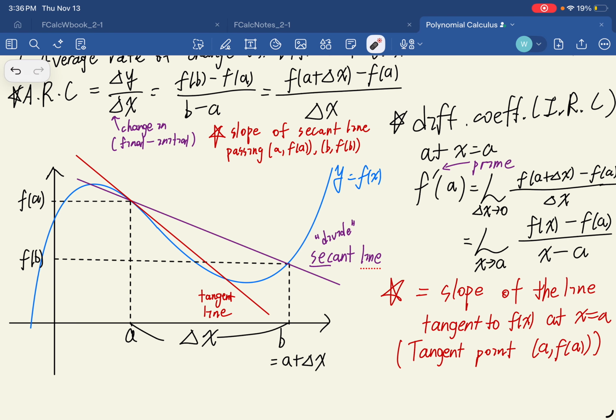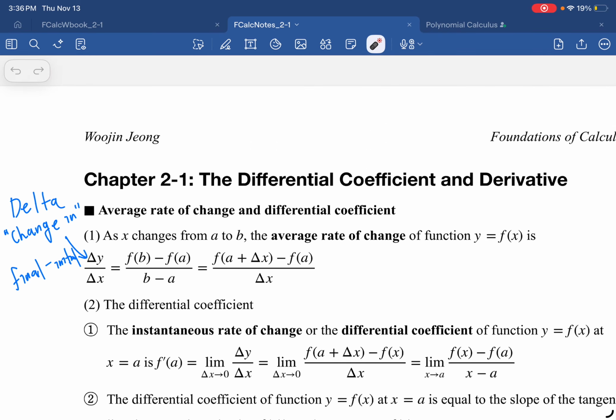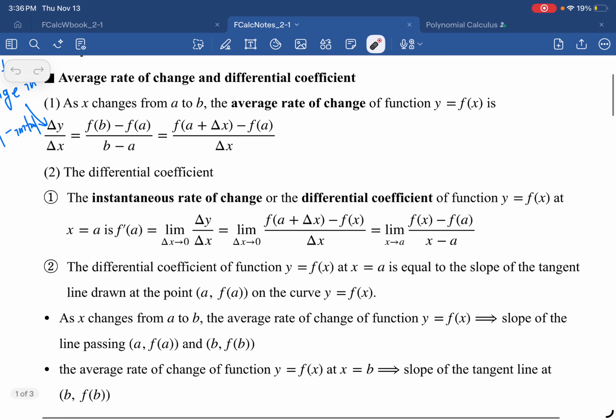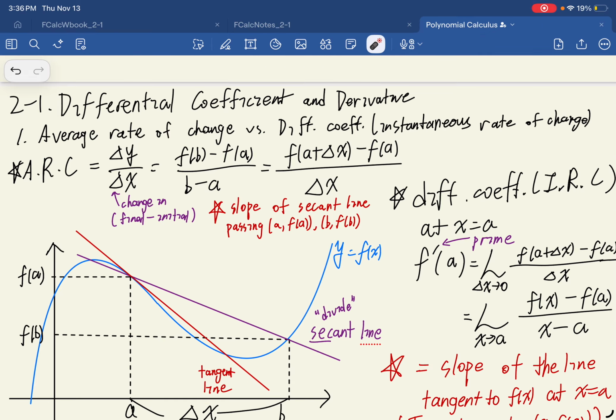Now, if we go back to the notes, the instantaneous rate of change, or the differential coefficient. So this is new, right? As you can see, we denote that by f prime of a. So the slope of the tangent line, that's the instantaneous rate of change.